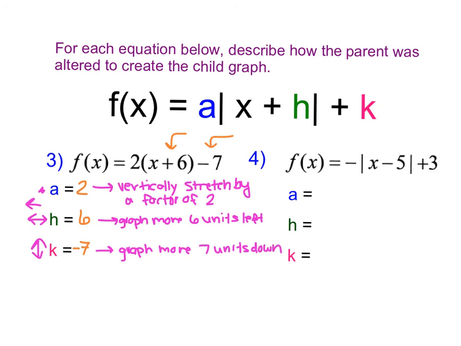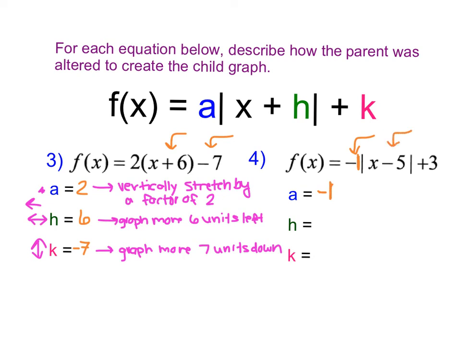And last but not least here we have just the negative symbol out front of our absolute value sign. And one thing we got to remember is that that negative, yes, is implying that our a value is going to be negative, but the lack of number implies that a is 1. So remember, just like a parenthesis where it's implied that there's a 1 out in front, it's the same thing here when you have an absolute value. This is an a value of negative 1.